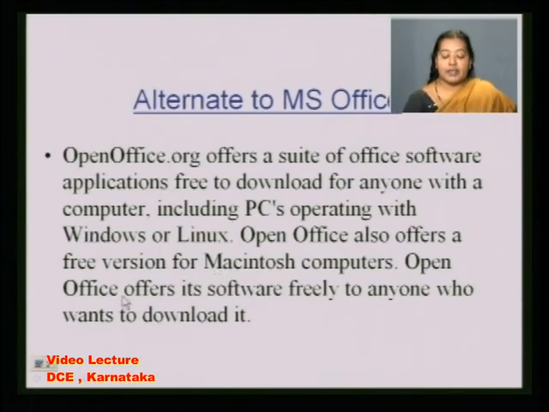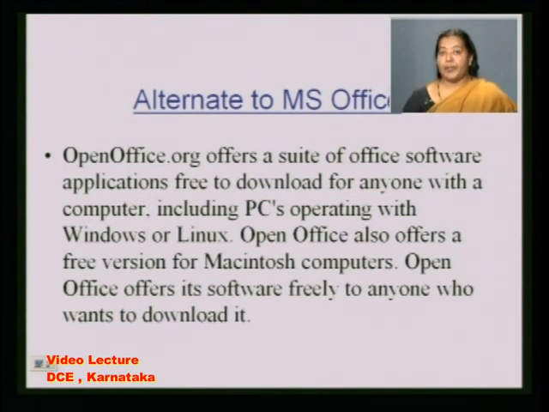OpenOffice offers free versions for Macintosh computers. OpenOffice offers its software freely to anyone who wants to download. So you can try it, you can use it, and OpenOffice.org also has different office tools.